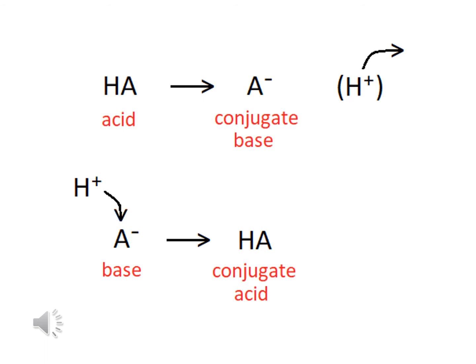If you take a base like A- and you stick an H onto it so that it turns into HA, that's an acid, that's the conjugate acid. So what we're saying is that if you lose an H from an acid, you form the conjugate base. If you gain an H on a base, you produce the conjugate acid.